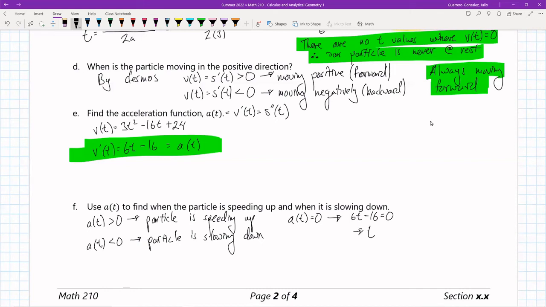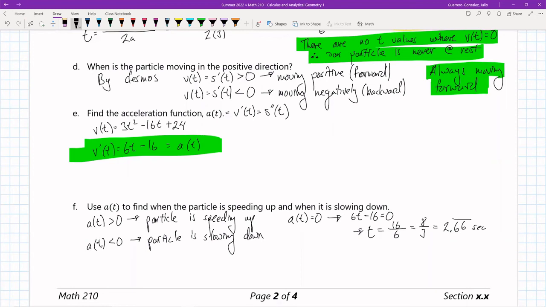This tells us that t has to be 16 over 6, and if we reduce this a little more, it's 8 over 3, which is equivalent to 2.66 repeating seconds. So when the acceleration is 0, it's not either speeding up or slowing down. But it hasn't answered our question yet. When is it speeding up and when is it slowing down?